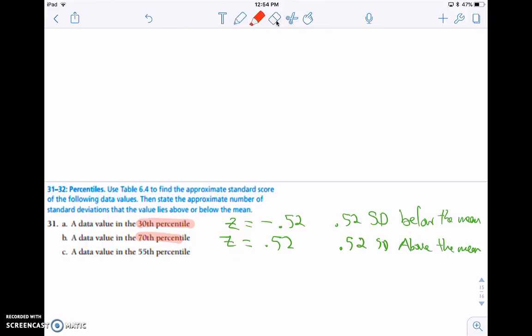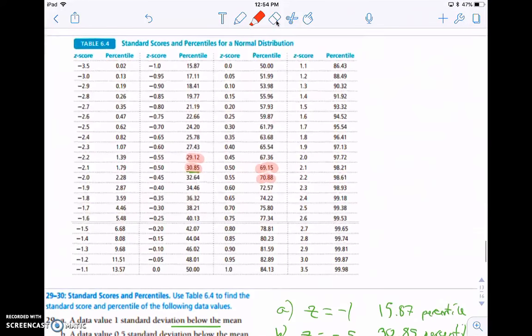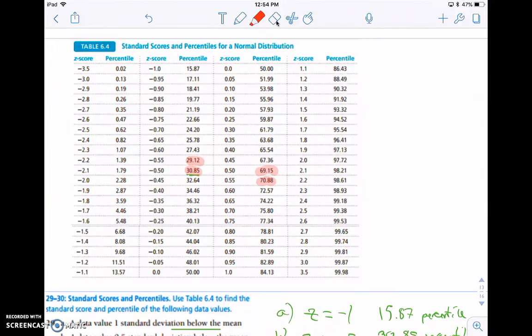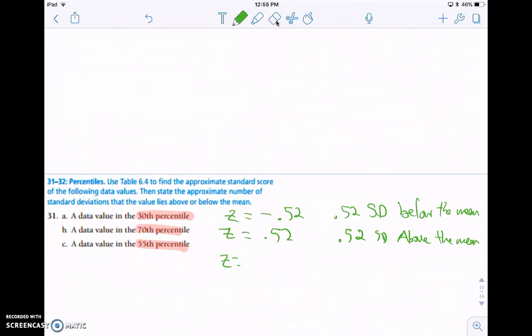Okay, lastly, 55th percentile. We're going to find 55. This one is going to be somewhere between 0.10 and 0.15, so we'll just call it approximately 0.12. And it's going to be positive, because we are 0.12 standard deviations above the mean.